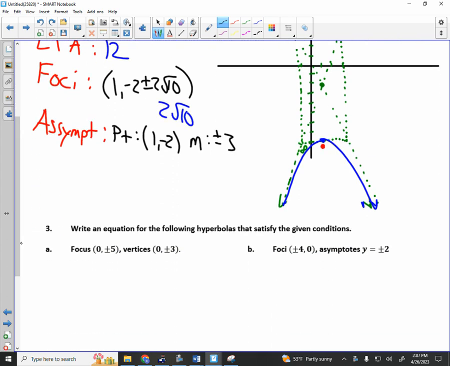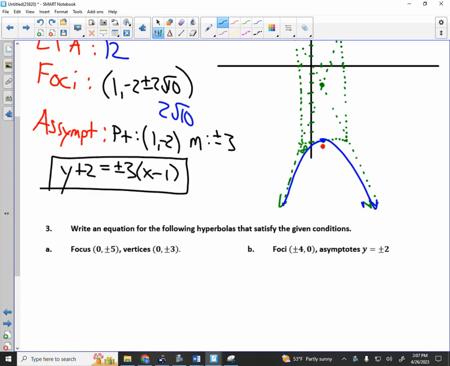So you write your equations for the lines. It is y minus y1, or y plus 2, is equal to the slope times x minus 1. And you can just leave it in that form. That's all she wrote.